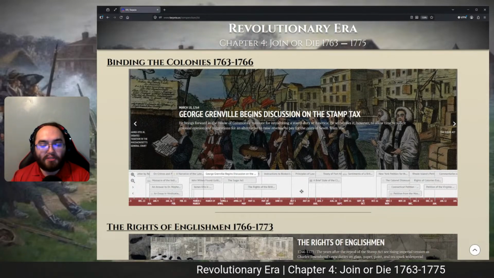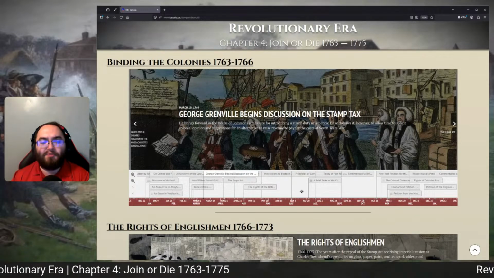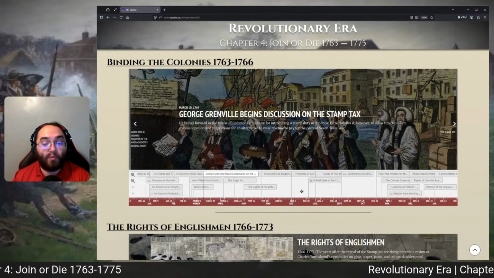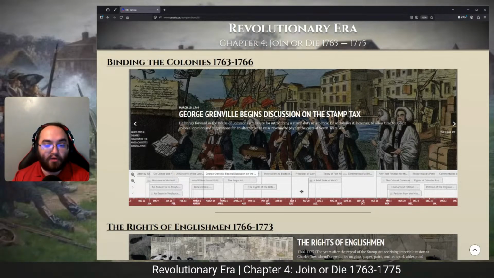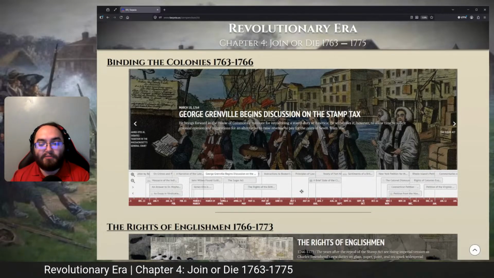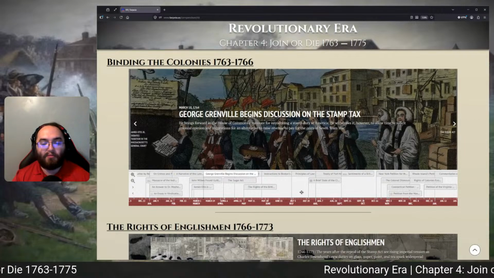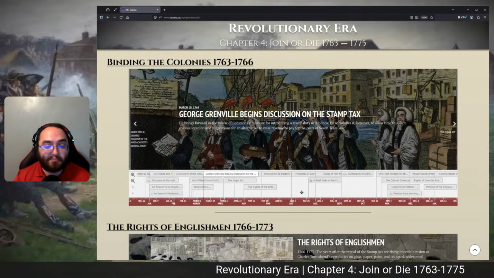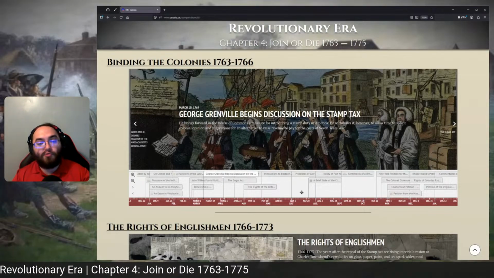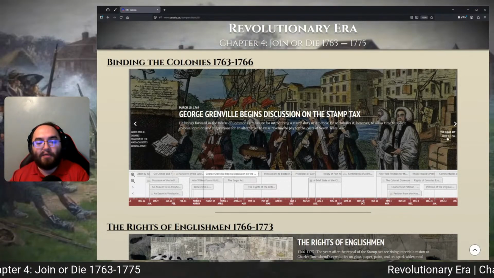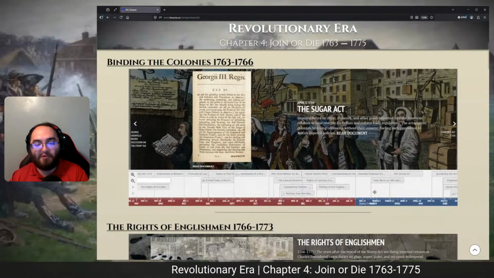And there are some representatives in Parliament, specifically the House of Commons, who are friends with American colonists, and so they're sending information back to the colonies. And so news of this Stamp Act will reach the colonies a year before the Stamp Act is actually passed, and many of the colonists and their colonial petitions will include the pending stamp tax. And so we'll see how that goes later in this very same section.